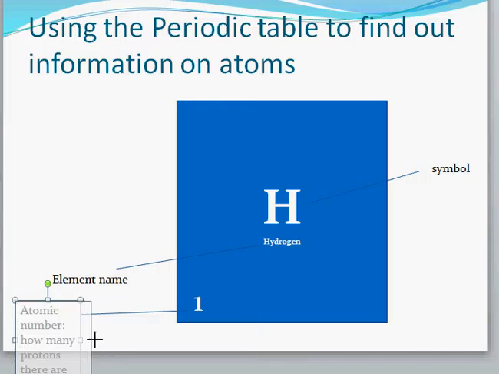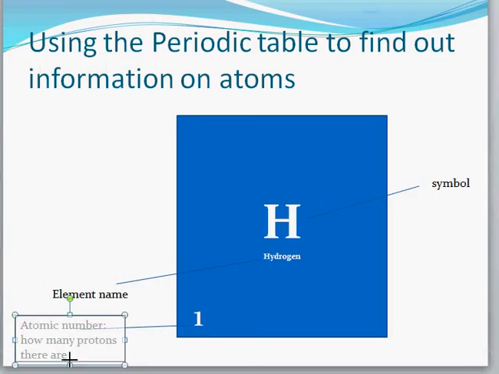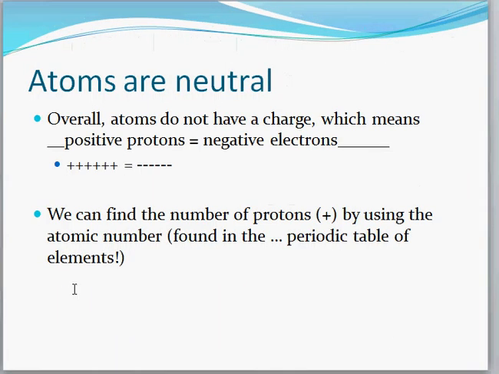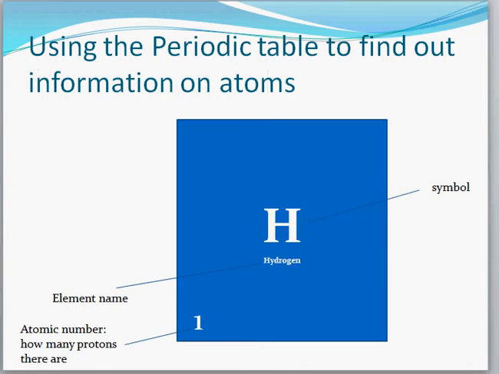Now with this, it also gives you a little bit of other information. Before we said that atoms are neutral in their regular state. So if we go back quickly to the slide before, we said that all atoms are neutral, which means that the number of positive protons they have equals the number of negative electrons they have.